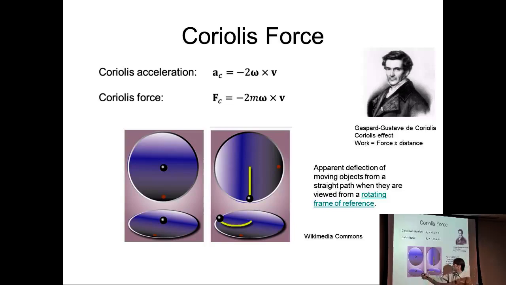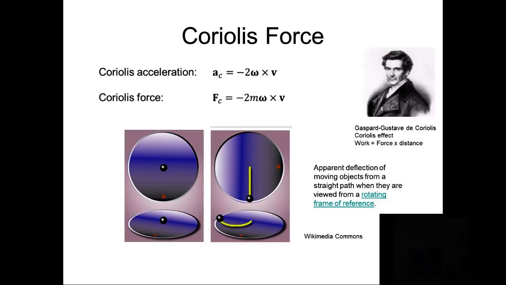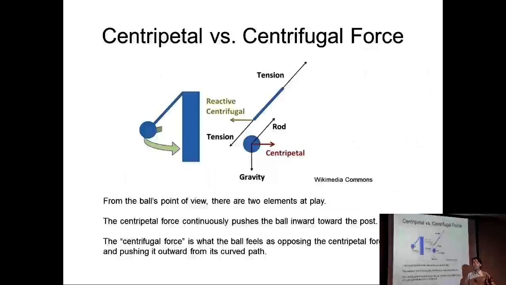Now, let's pretend you're standing at the point from which the ball was initially launched. From your perspective, you're still going to be looking at the red dot, but the ball is going to veer to the right. This is consistent with what the observer from above had. However, from your perspective, in order for this ball to veer to the right, there had to have been some sort of force, a fictitious force. That's the Coriolis force.